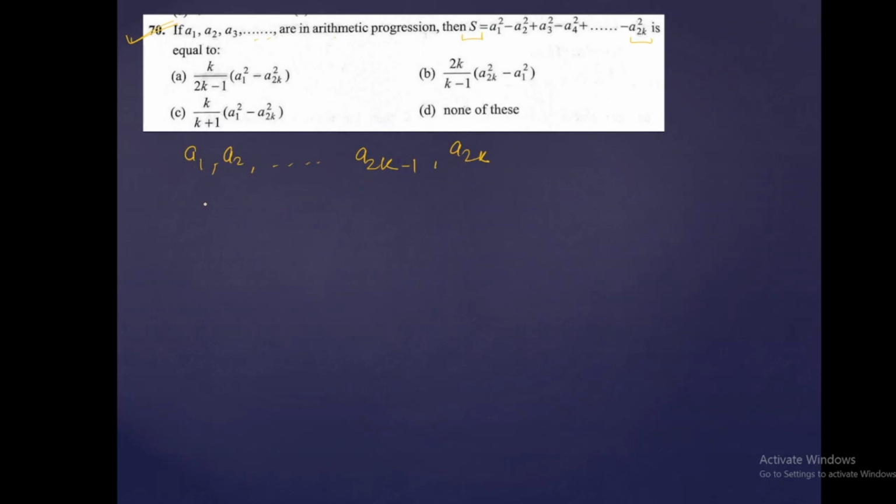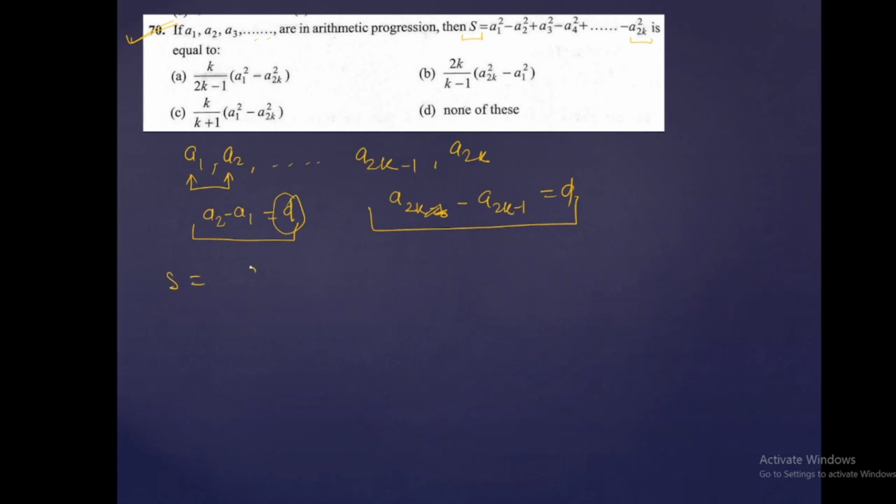As we know, the difference between consecutive terms is d. A2K minus A2K minus 1 will be d. Basically, the difference of any two consecutive terms will give the common difference, right?